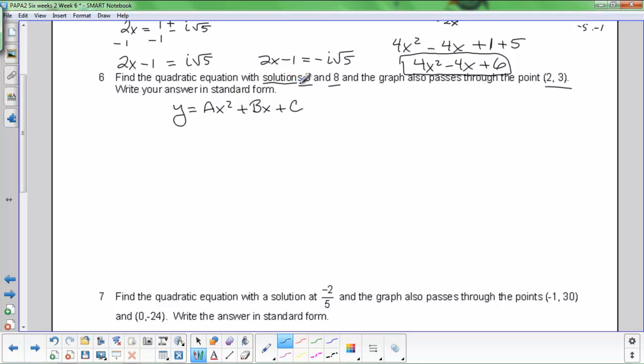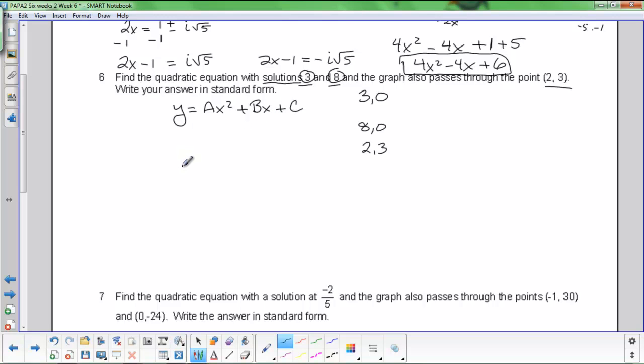Remember, solutions are where it touches the x-axis, therefore the ordered pairs at 3 and at 8 are going to be (3, 0) and (8, 0), and then of course our third point is (2, 3). Using those three ordered pairs, using this form of the quadratic, we're going to set up three separate equations.